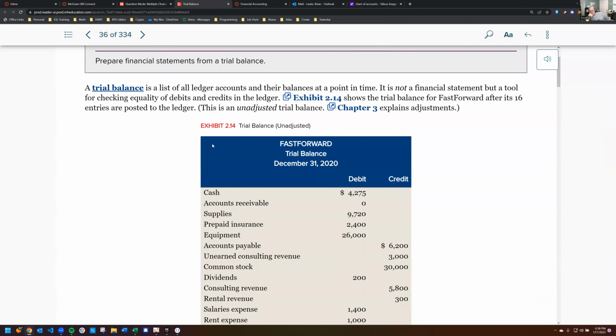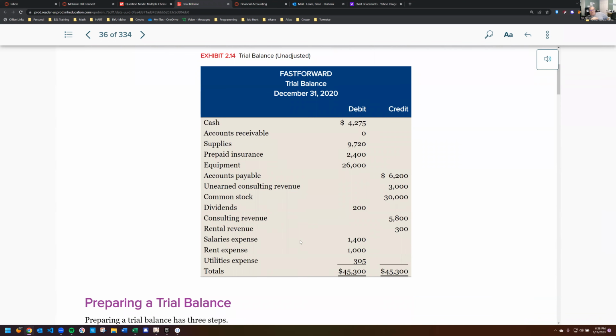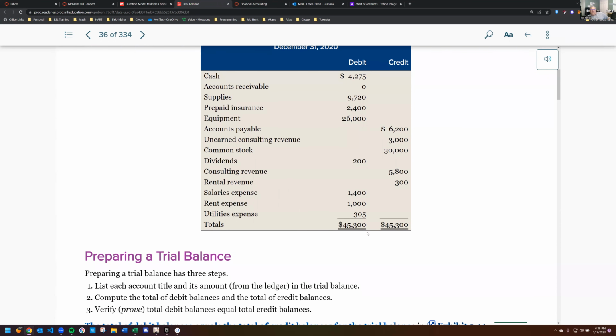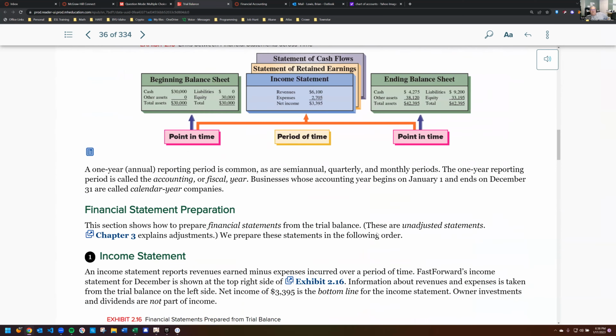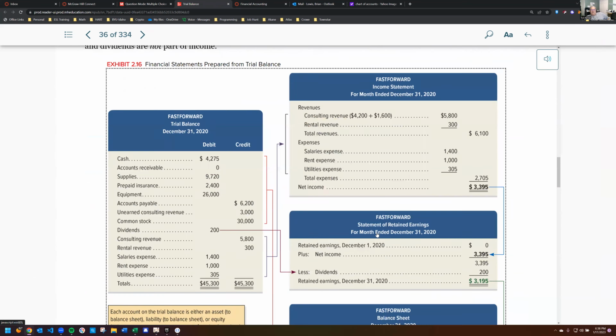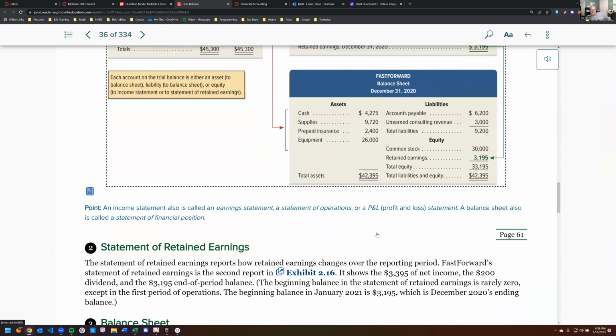Okay, prepare financial statements. This is the trial balance. So it's summarized into a trial balance. Make sure you're equal. And some of the potential errors that show up.